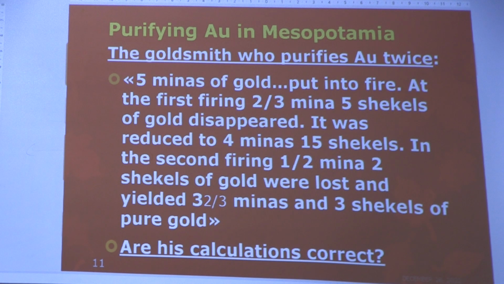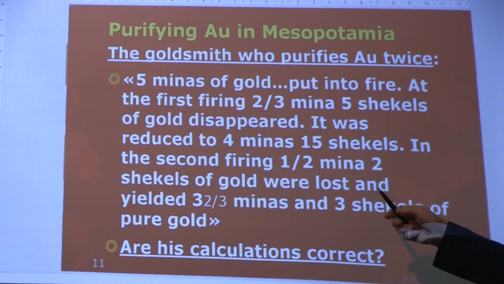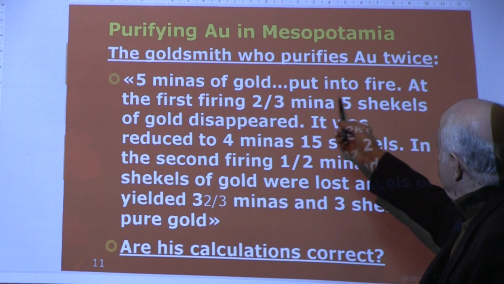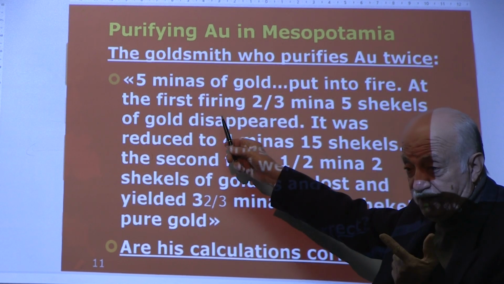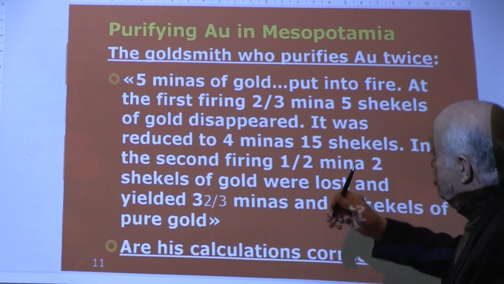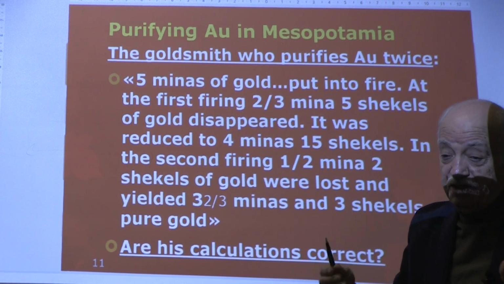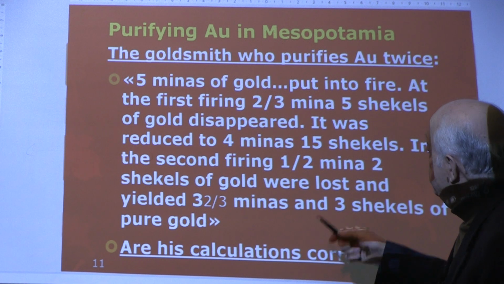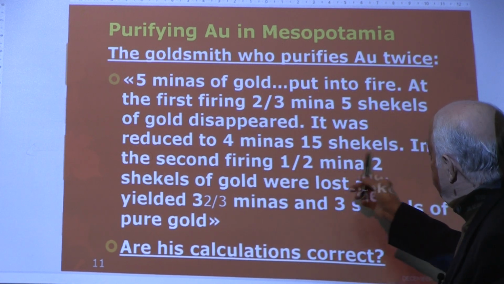Now, some goldsmiths purified the gold twice to make sure that you obtain probably the best or purest gold. So he says, 5 minas of gold put into the fire. At the first firing, at the first time of smelting, 2/3 minas, 5 shekels of gold disappeared. So it means that it was not very pure. And reduced to 4 minas, 15 shekels.